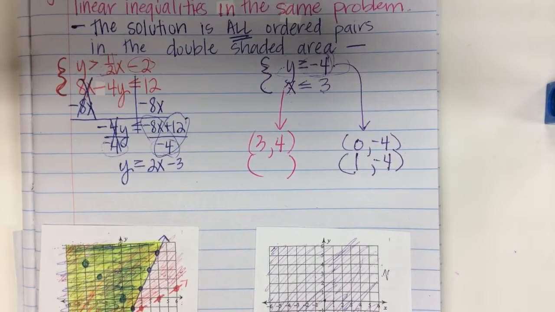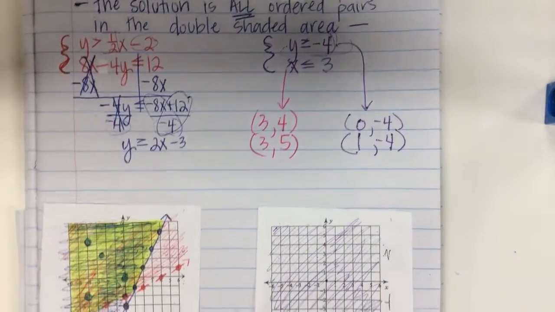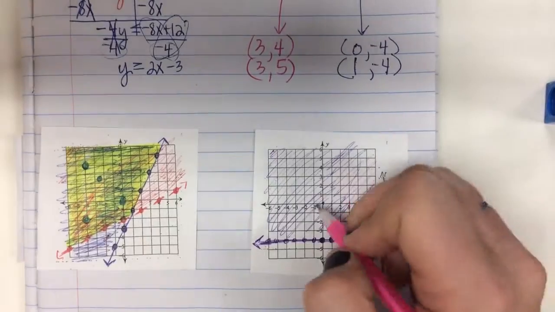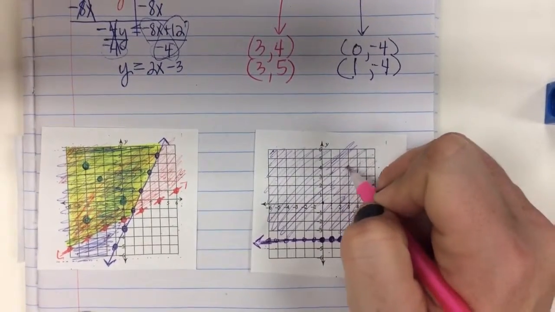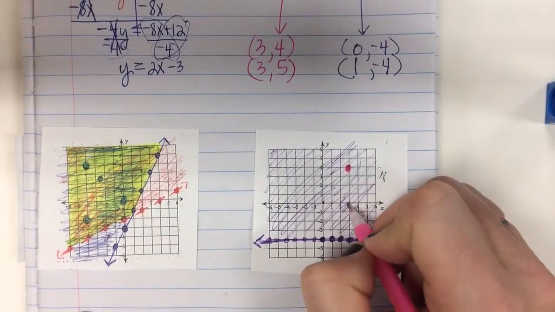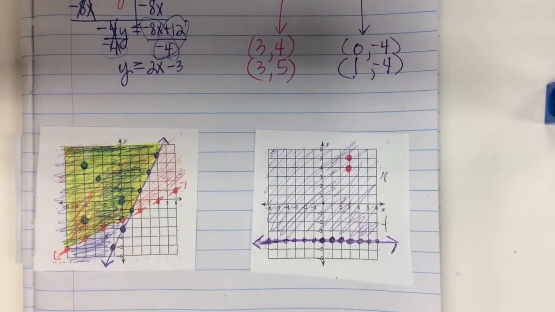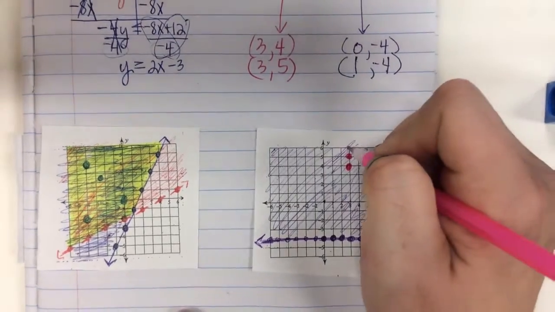Corbin? 3, 5. All right, let's plot those. 3, 4, and 3, 5. Where do you think these dots are going to go? Up and down.